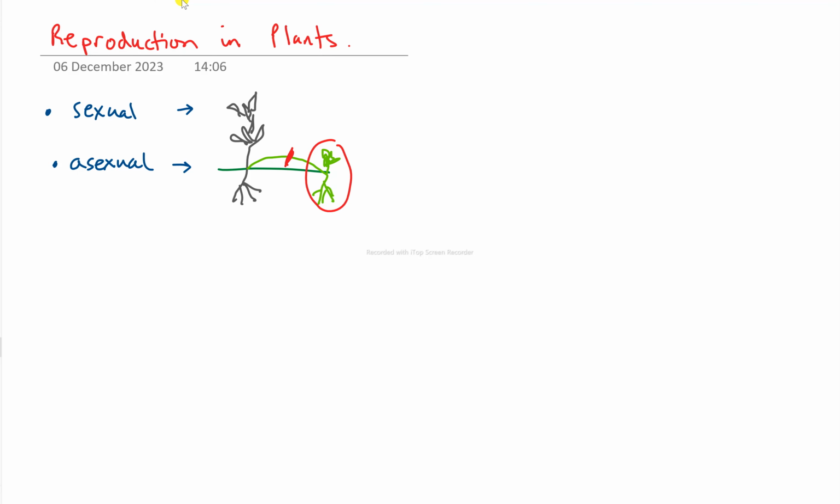Right, the other way that you'll get it is if you grow potato, and then from the potato that you've grown, you'll get other potatoes forming.